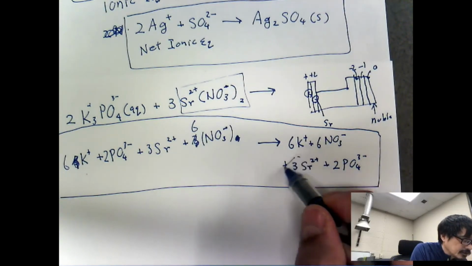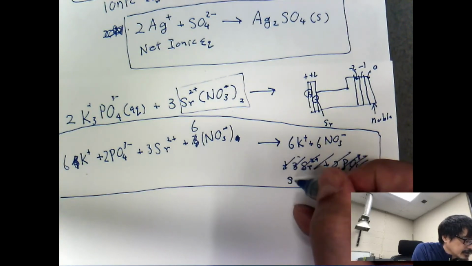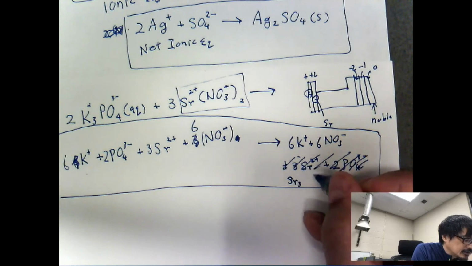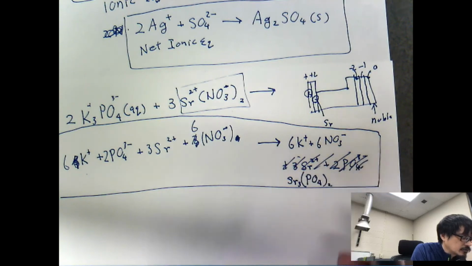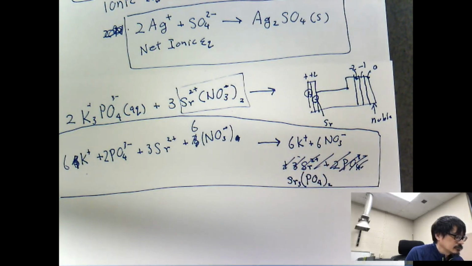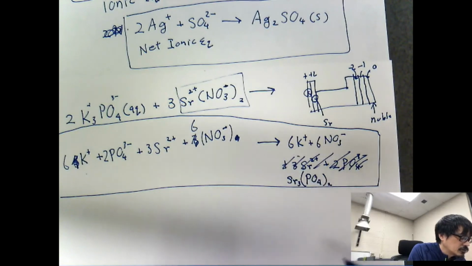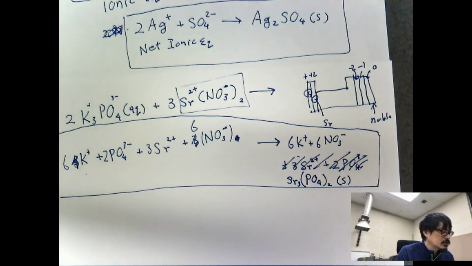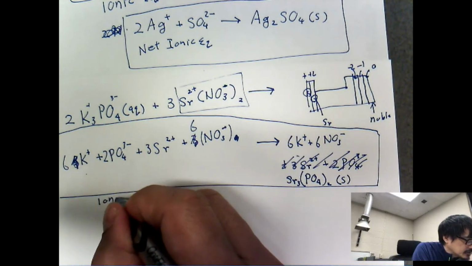So instead of this, I actually have Sr3(PO4)2, right? Because Sr3(PO4)2 is actually solid, which means it's water insoluble. So that one right there is the ionic equation.